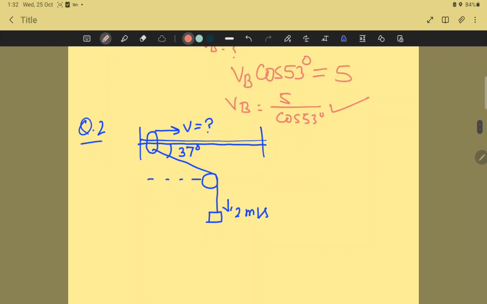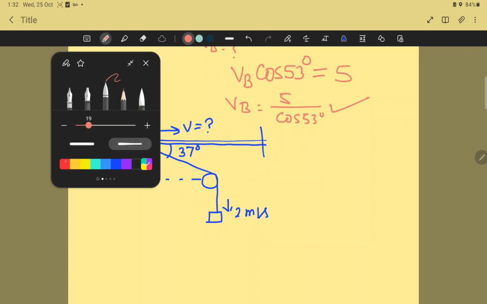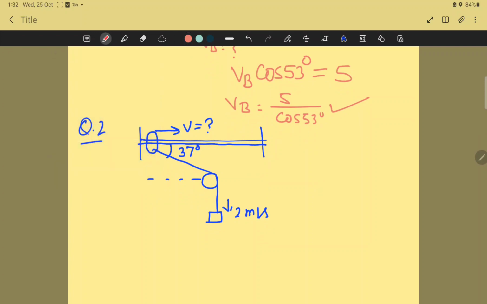Now here once again, we can say 2 meter per second will be carried along each and every point of the string. So once again you have to do the same. Kindly resolve the velocity of the ring or block along the direction of the string.